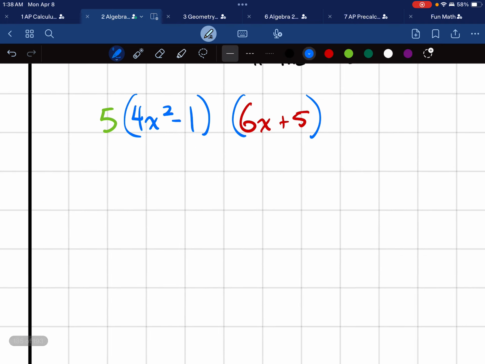I'm sure you're shaking your head at me at how much work you're having to do for one single problem, but stay with me. So I'm going to rewrite that 5, unfortunately, and I'm going to rewrite this 6x plus 5 over here, 6x plus 5, and I'm going to further factor this one as its difference of squares. Let me rewrite it in its squared form. This is 2x and a 1.